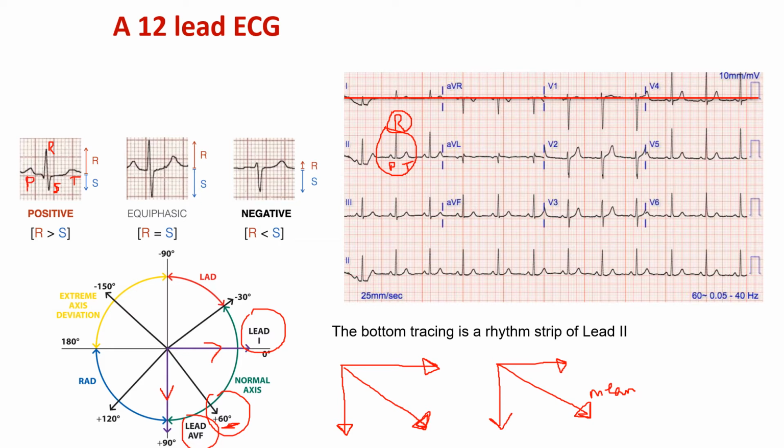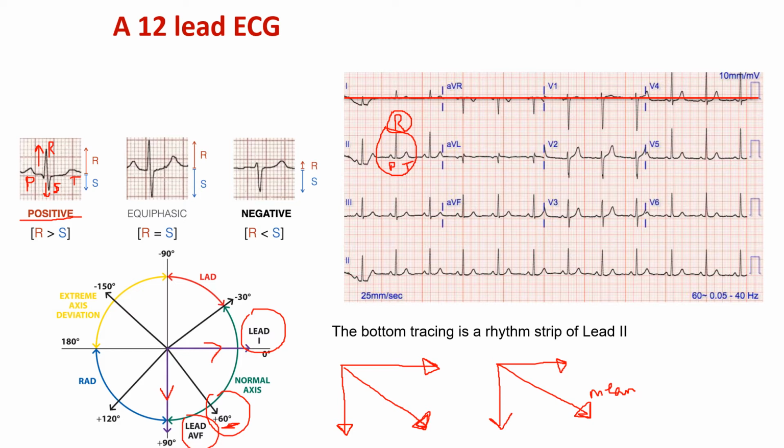We take a look at the R wave. Notice how the amplitude of the R wave, here's the amplitude of the R wave, notice how it's way larger compared to the amplitude of that S wave. When the amplitude of the R is way larger than the amplitude of the S, we say that this is a positive deflection, meaning that the vector is headed towards the positive degrees.